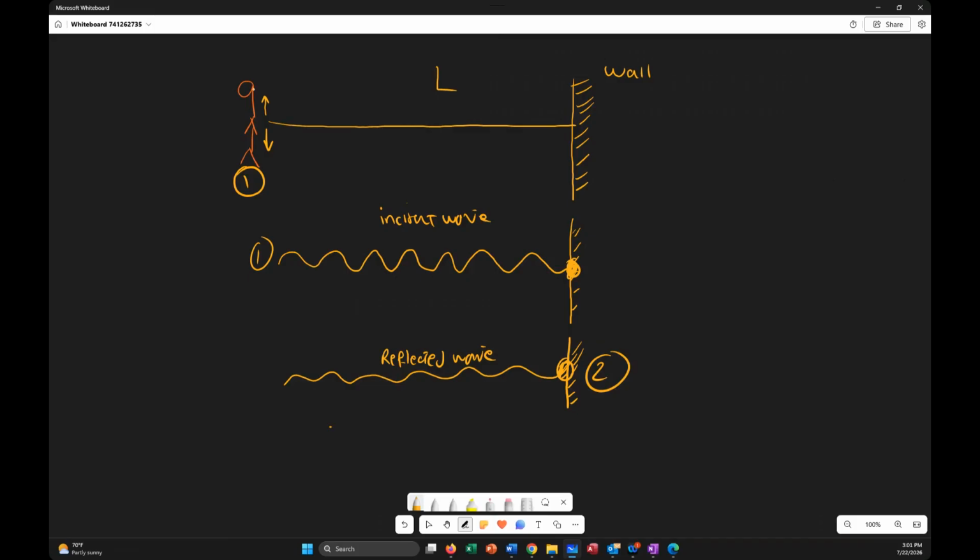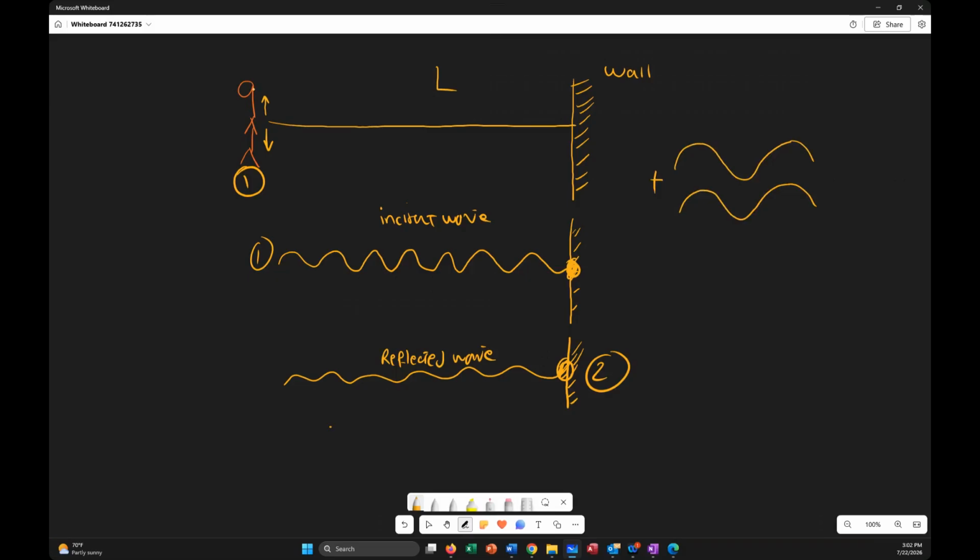Now we have two sources of waves, and we have a superposition law. Superposition law is telling that if you have more than two waves, these waves can add or cancel each other. Let's say you have one wave like this and then another wave like this. You can add these two waves.